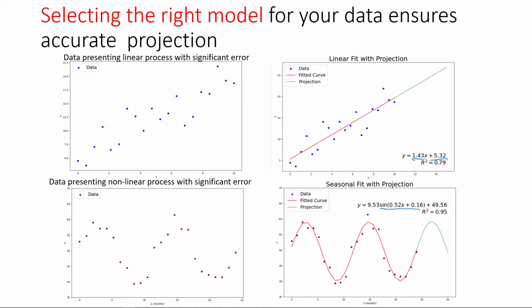How many parameters does this model have? This model has two parameters. So it has B0, for example, and B1. So this is called a 2 parameter model.